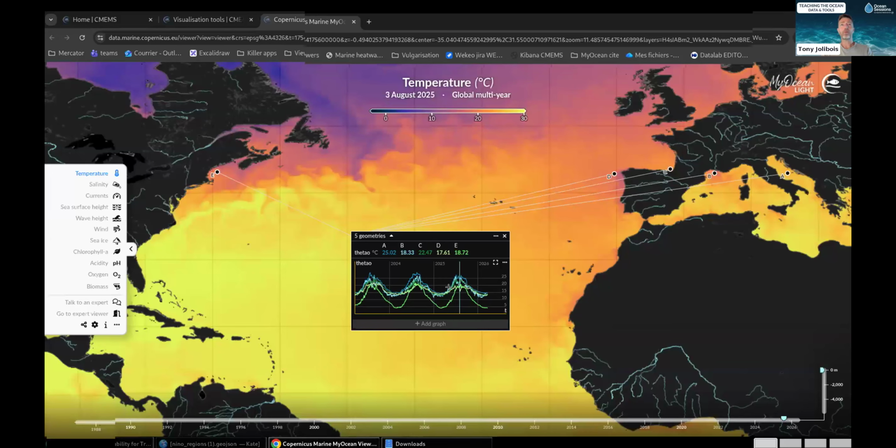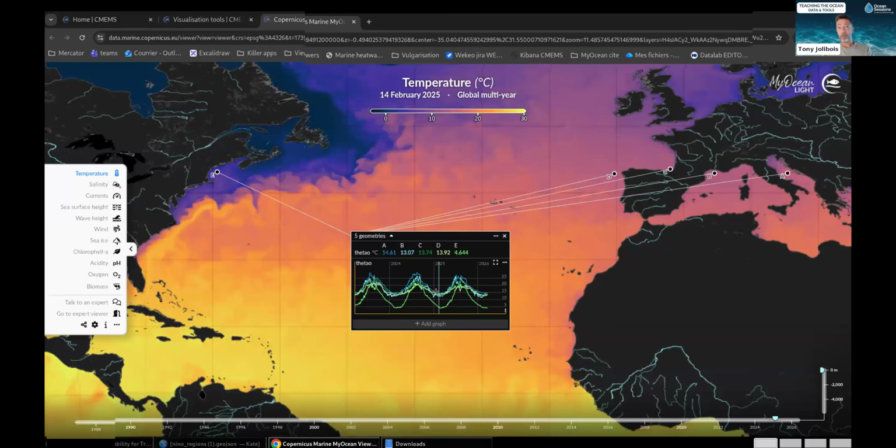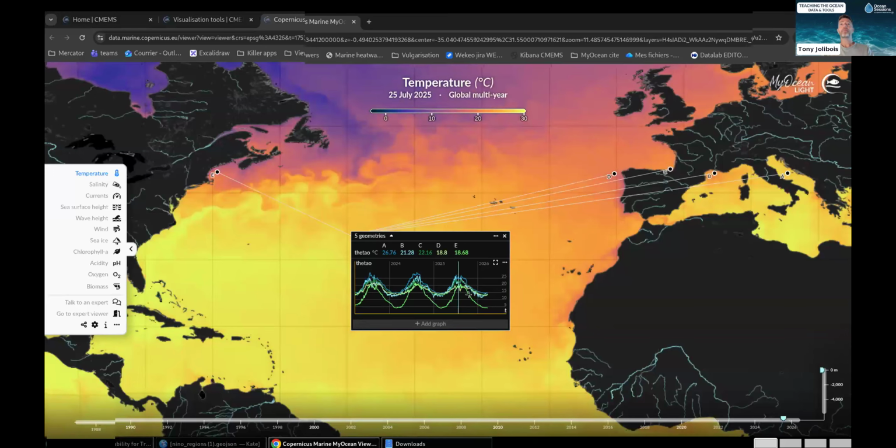Sorry, I forgot to say, this is the time series of the different variables at the different locations of the points. So A, B, C, D, E, and you can navigate on time using the graph. So to reach the minimum, for example, the minimum in 2025, or the maximum, you can zoom on the graph using the mouse wheel.